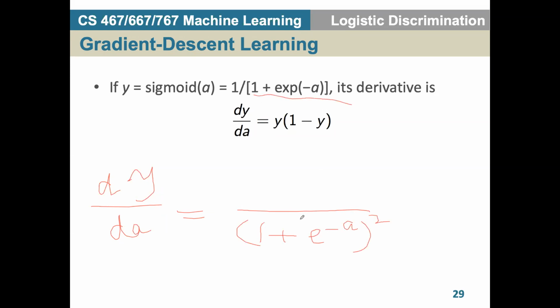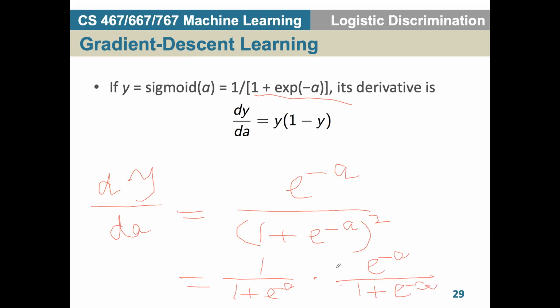This can be further written as two parts: 1 over 1 plus e to the minus a, times e to the minus a over 1 plus e to the minus a.